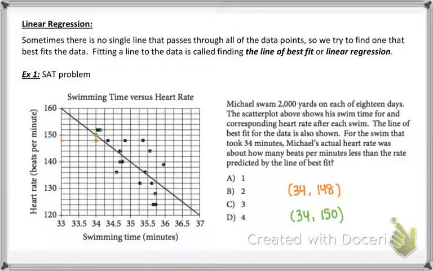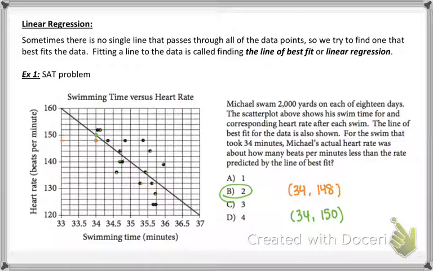But in reality, it's 148 beats per minute. And so there's a difference of 2 beats per minute. Okay? So his actual heart rate is 2 beats per minute less compared to the prediction, which is actually pretty close.